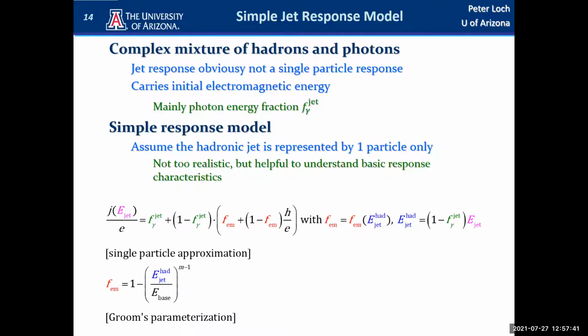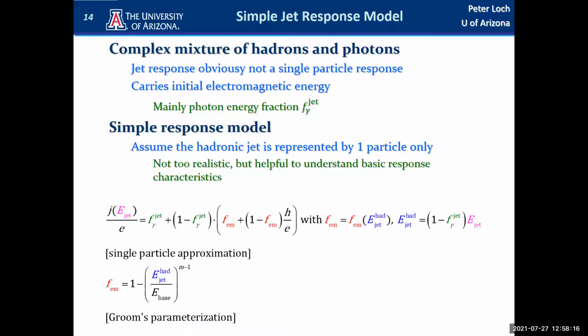So if you just write down a very, very simple model, not getting too fancy about it, not worrying about fragmentation functions and whatnot, you can actually relate the jet response, which I call J here, to the electron response using the fraction of photons and the FEMs from Groom's formula. So it's a single particle approximation that yields for jets. So that is a simple model for jets.